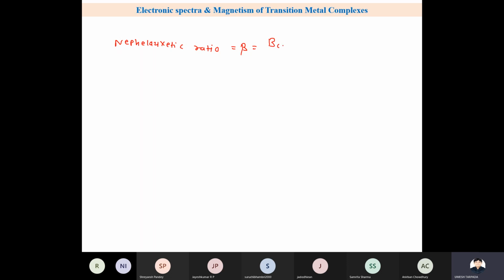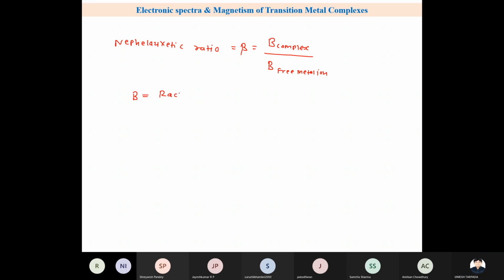So it is B complex, the repulsive factor of the complex, over that of free metal ions. Take this and you will get the nephelauxetic ratio. Okay, beta, the nephelauxetic ratio. How are you getting it? By taking the repulsive factor, or you could say the Racah parameter, for free metal ions. B is a Racah parameter.